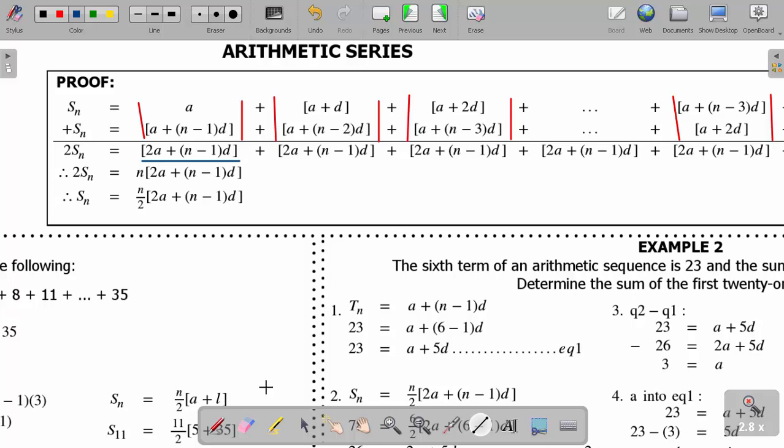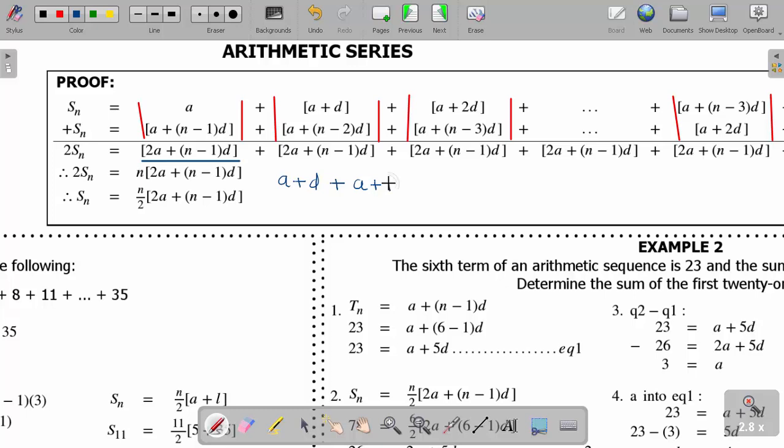Let's check it out properly, because we have to understand this properly here. Now I have the a plus d, that's what you see here, and then plus this a, then plus (n minus 1 minus 2) times d. What is d times n? It is nd.